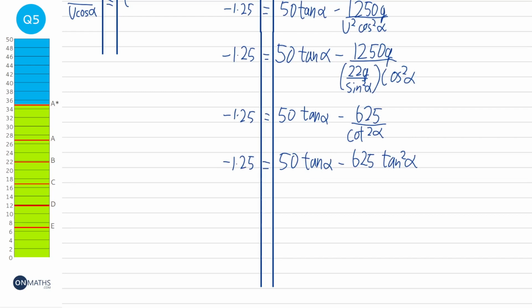So our instincts here are immediately to make the squared positive, so we're going to have to move that squared to the right hand side, so we're going to add the 625 tan squared alpha to both sides.